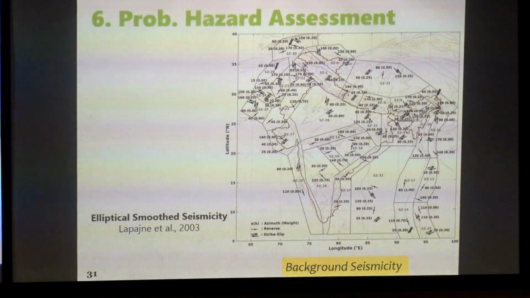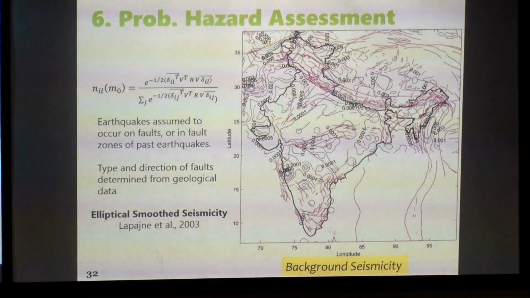Now, obviously, when you do such a statistical study, I'll show you the real contours you will have. So then there are processes involved in terms of smoothing the data and so on. So standard processes were done, considering background seismicity also. These elliptical smoothing and circular smoothing, all these things were done.